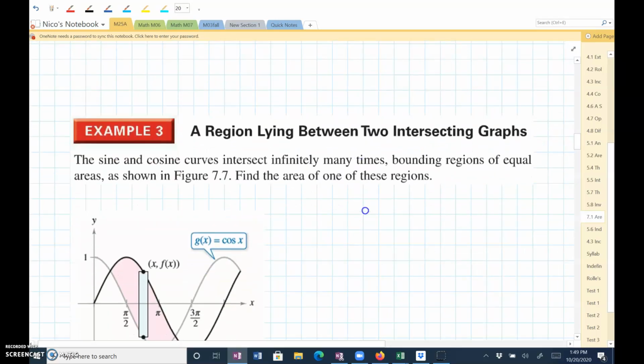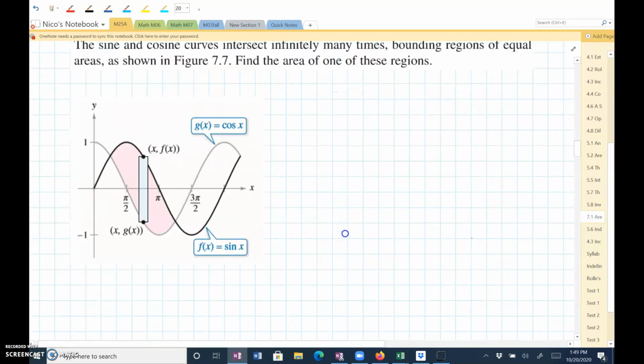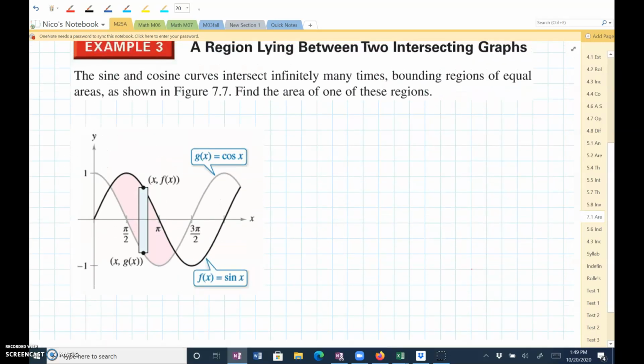All right, let's try one more of these. This one's pretty tough just because it's trig. It's not ridiculously tough, but somewhat tough. We don't know what these limits of integration are here.